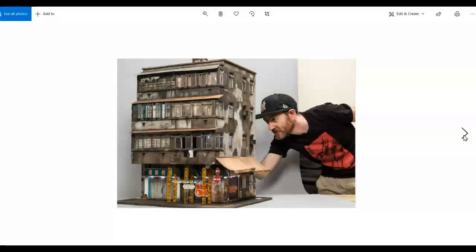This artist makes these miniature buildings and environment, neighborhood sorts of things, and then takes pictures of them. I'm not exactly sure.